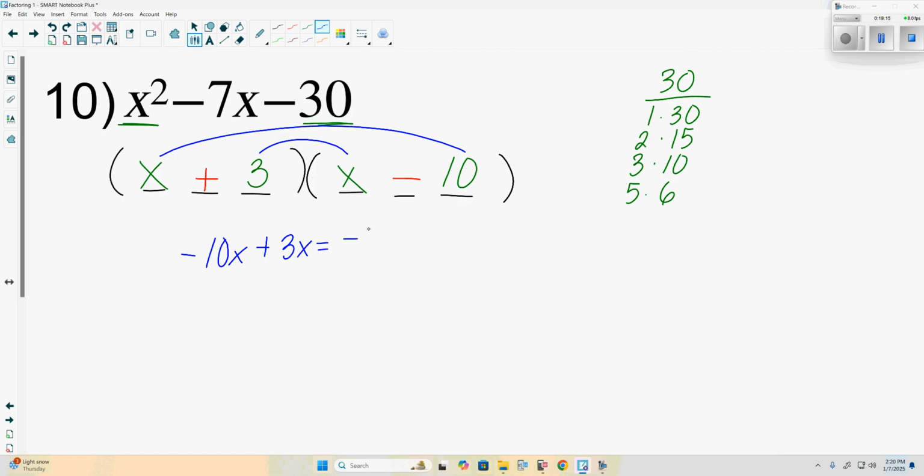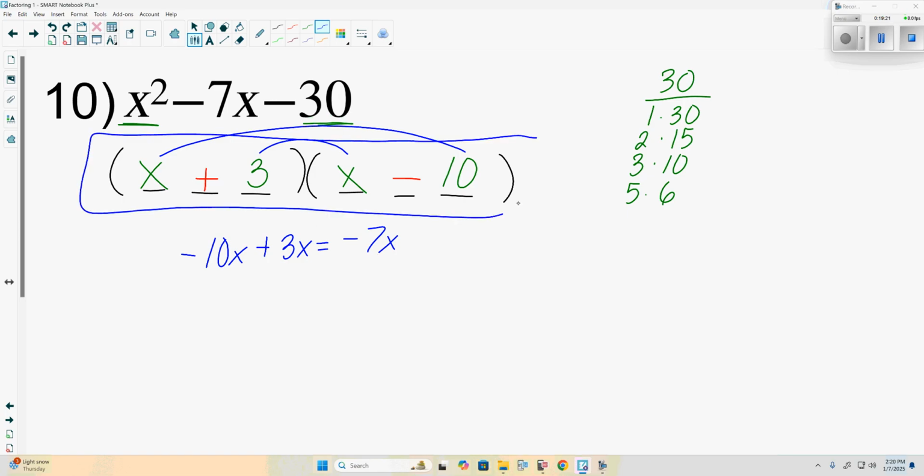Negative 10x plus 3x is negative 7x. That is indeed the middle term we wanted. Questions on these here? We feel good about these here?